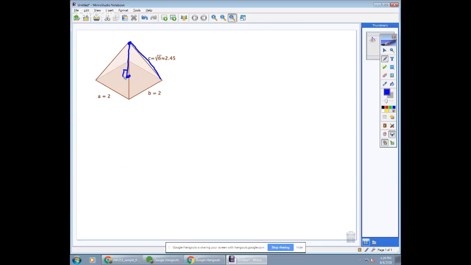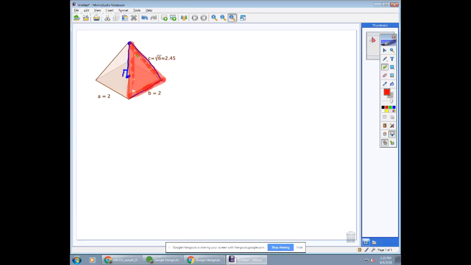We know this side is 2, so we have a square base, that's pretty easy. So really all we have to do is figure out what one of these faces is, and once we have that, we've got all of them.